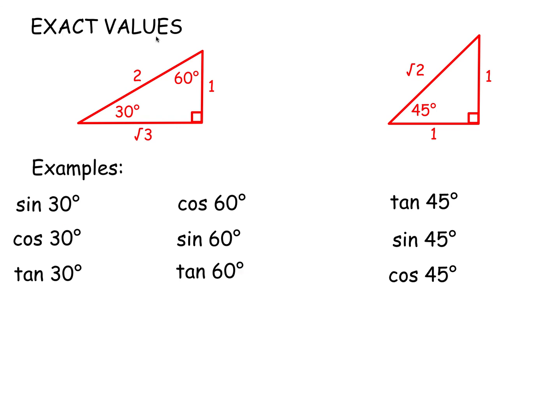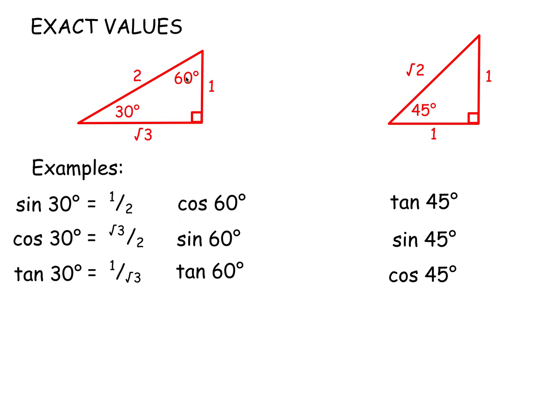They're called exact values because you're not having a decimal written down and rounding things off. This is non-calculator work. So if you want sine 30, you say opposite 1 over hypotenuse 2. Cosine 30, adjacent root 3 over hypotenuse. Tangent 30, opposite 1 over adjacent root 3.